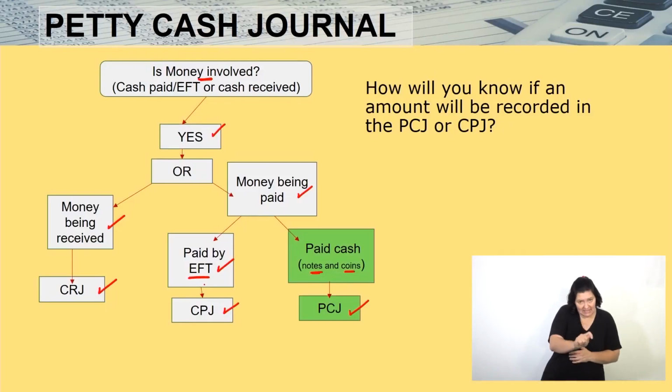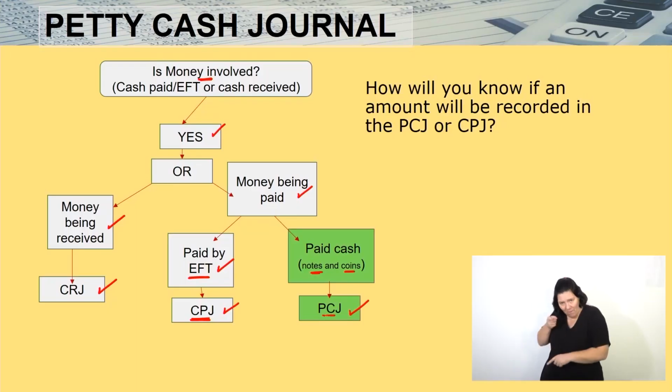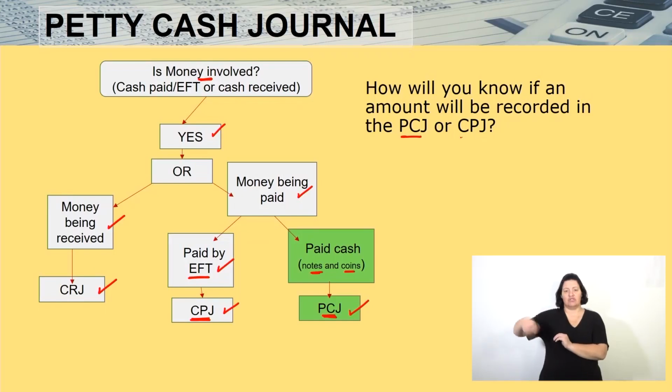If the payment is via EFT, which is your electronic funds transfer, that payment will come to the CPJ. But if the payment is in cash, that is notes and coins, therefore it comes to our petty cash journal. This is how you will know if an amount must be recorded in the PCJ or the CPJ.